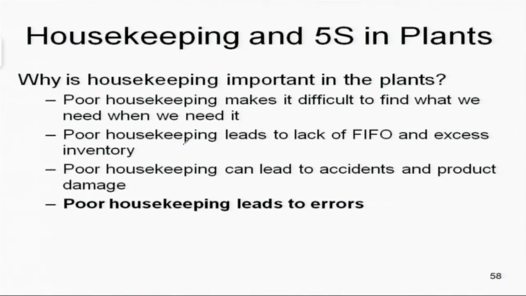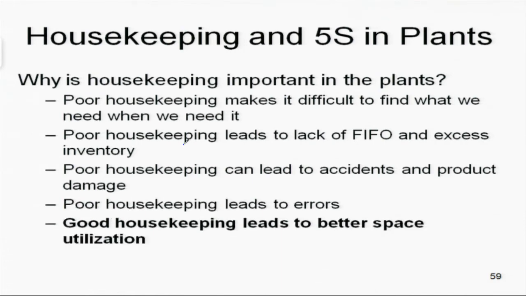And one of the reasons may be that we have the two parts stored in such a way that the person cannot tell the difference, that there is an overlap between the two parts, that one of the parts is flowing into the other, and so poor housekeeping can often lead to errors because the person cannot tell the difference between different parts.